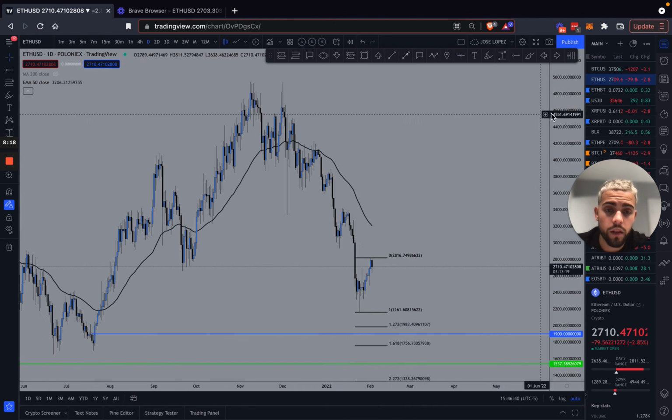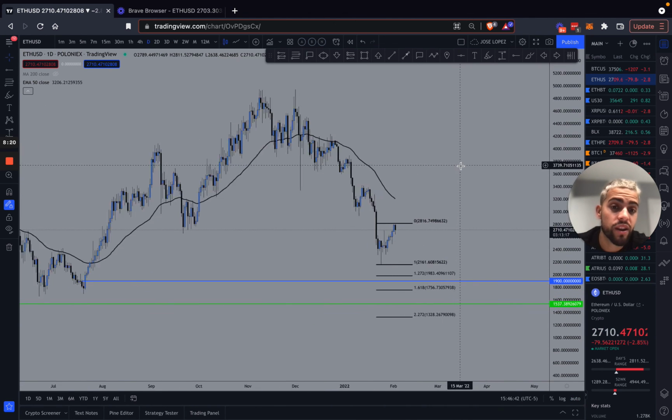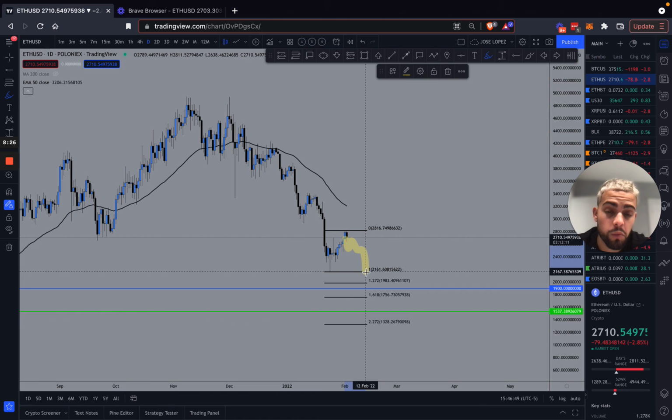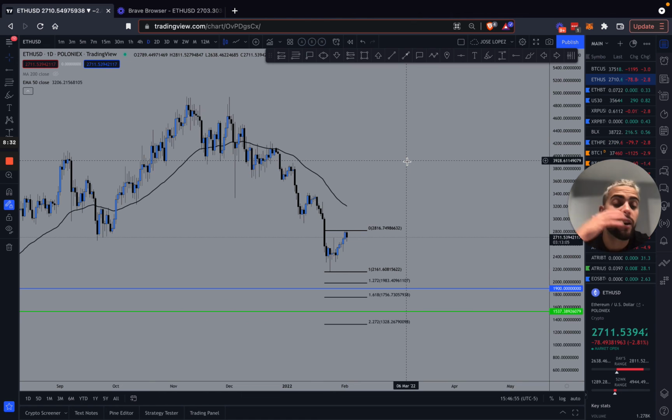And obviously, if you are trading leverage, there are a lot of moves that you can take advantage of. For example, this sell that we will most likely see onto these levels, and then from there you can decide if you buy or sell based on what I have already explained.